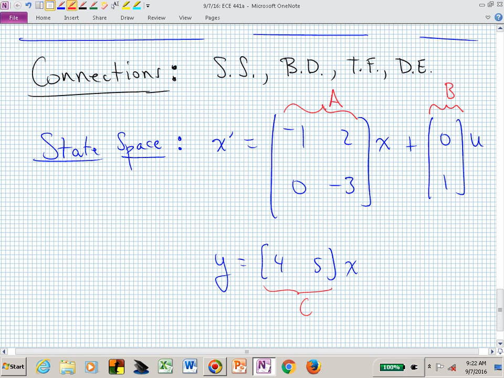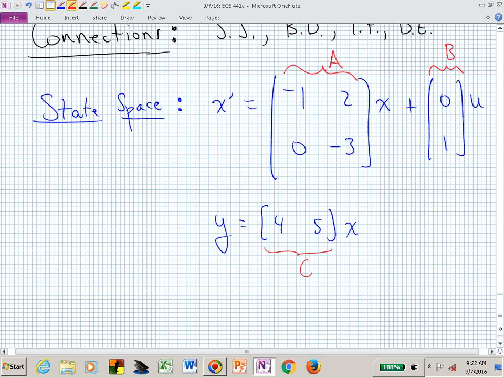Is this system stable? Your eigenvalues are at minus 1 and minus 3, and those are the same as the poles of the transfer function that you would have from this system. So now you have a pole at minus 1 and a pole at minus 3. Those are both in the left half plane. This system is stable. What's the order of this system? 2. So the A is a 2 by 2 matrix. It's a second order system.